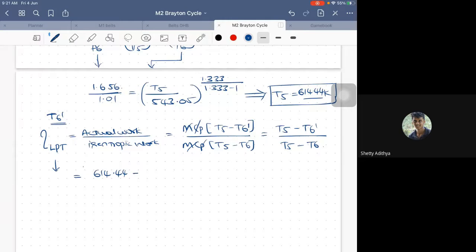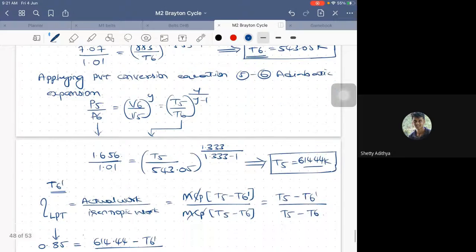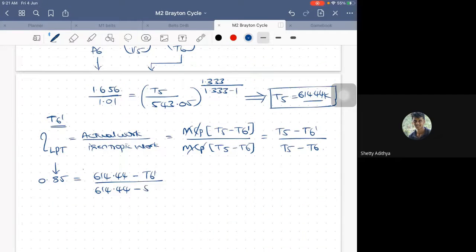0.85. 0.85 is equal to 614.44 minus T6 dash divided by 614.44 minus the T6 value, which is how much? 543.05.